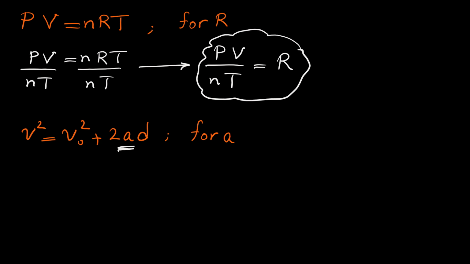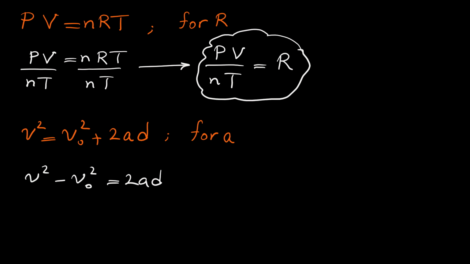Then, similar to the previous question, we have to get rid of this 2 and d here. But before dividing this equation by 2 and d, first we have to move the v0 squared to the left. If we move v0 squared to the left, then we have v squared minus v0 squared is equal to 2ad.